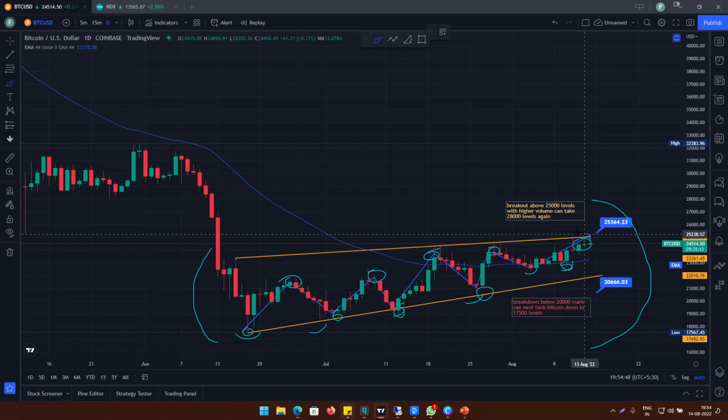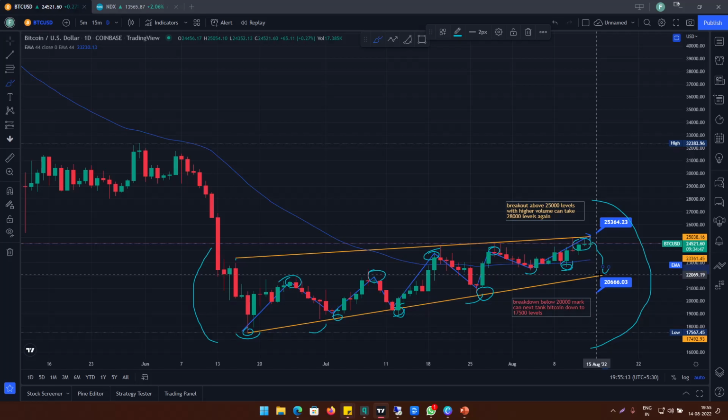Now, assuming Bitcoin pours down to this level, who knows, because there is no fundamental analysis done on it. The only way you can correlate Bitcoin is that it runs against the dollar index. When the dollar index is running stronger, Bitcoin is falling. But many times you can see the dollar index is falling and Bitcoin is also falling, because Bitcoin doesn't have any fundamental backing attached to it.